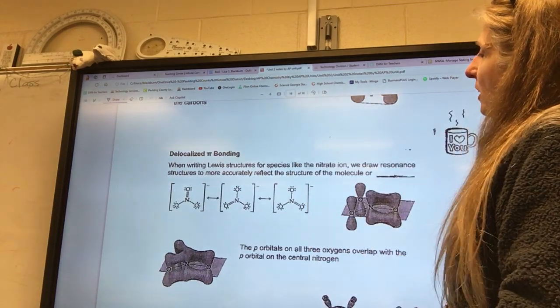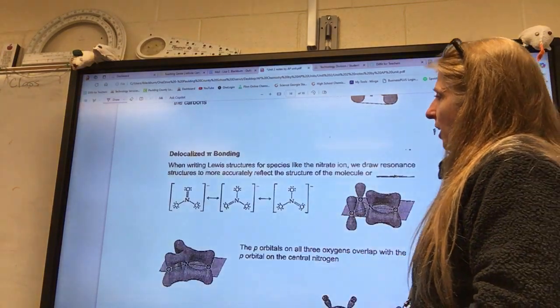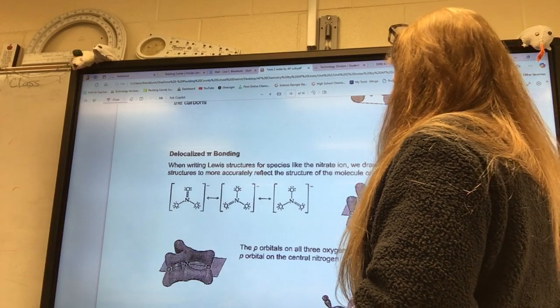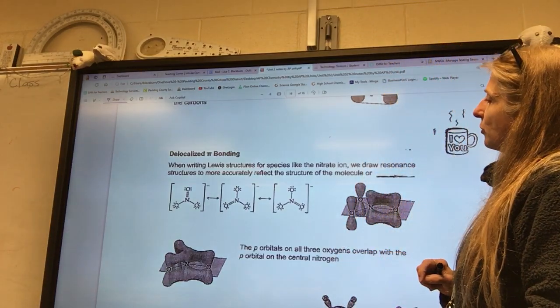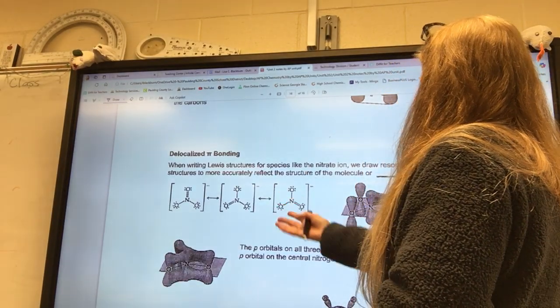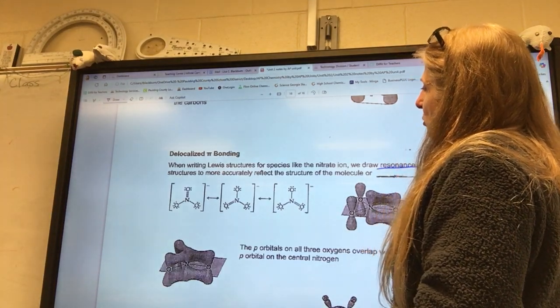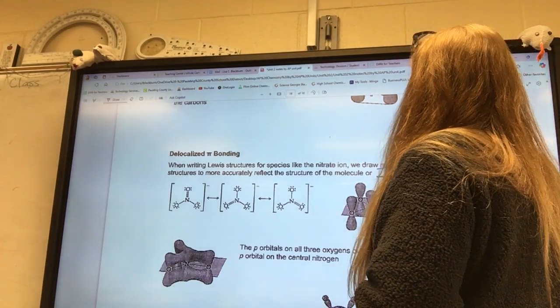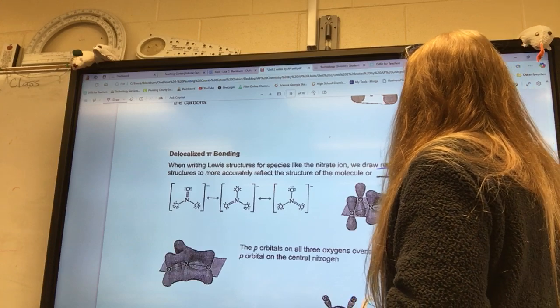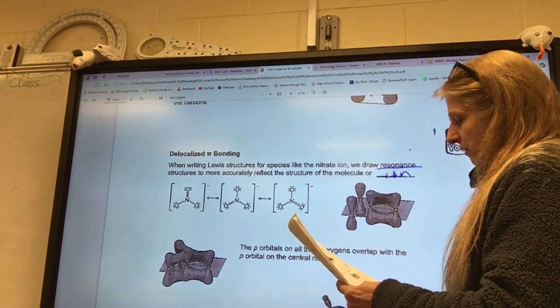Okay, so delocalized pi bonding. We're going to talk about resonance for a second. When writing Lewis structures for species like the nitrate ion, we draw resonance structures to more accurately reflect the structure of the molecule or ion. So let me explain what that was.